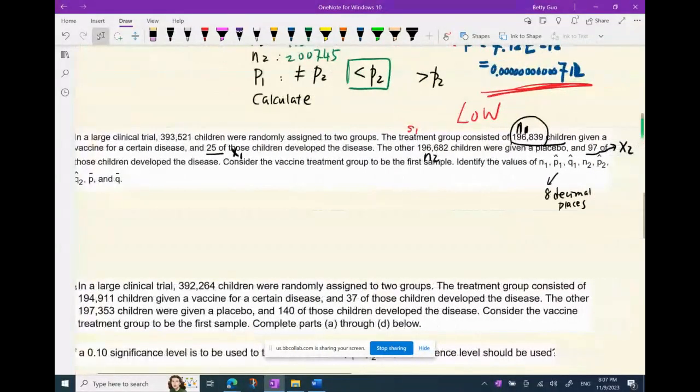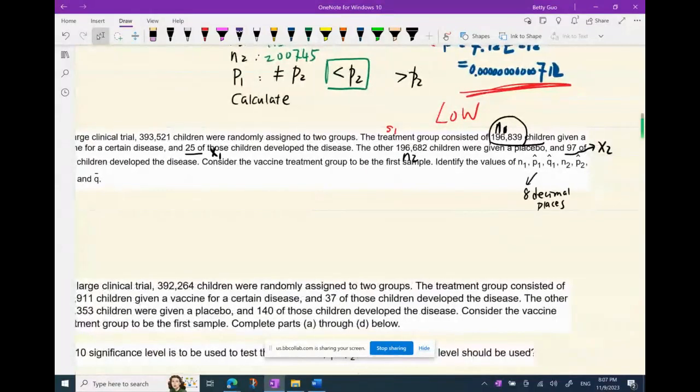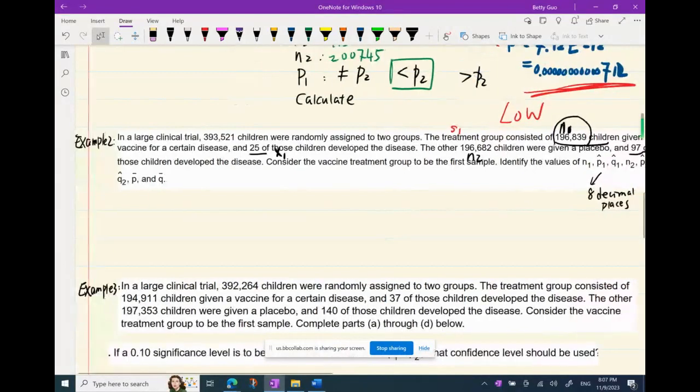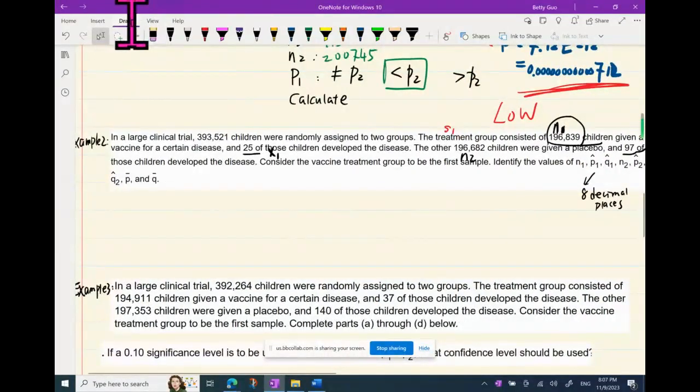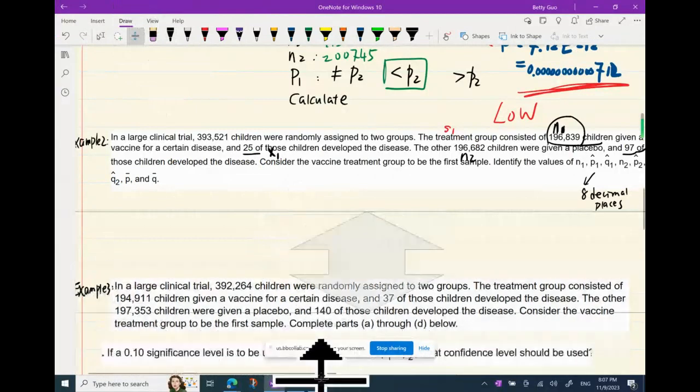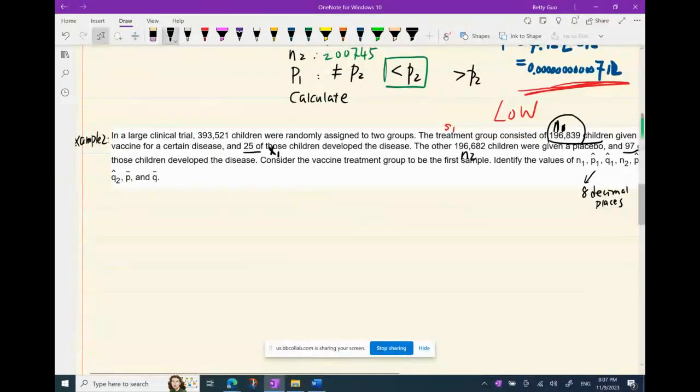Consider the vaccine treatment group to be the first sample, then the placebo group would be the second sample. Identify the values N1, P1 hat, Q1 hat, N2. This one is about the notation. You guys help me, all right? Let me list those notations here, and then you help me find the values for them. N sub 1, P1 hat, or P hat 1.